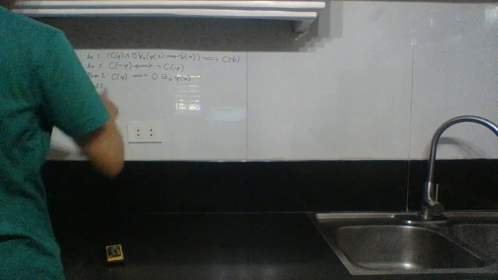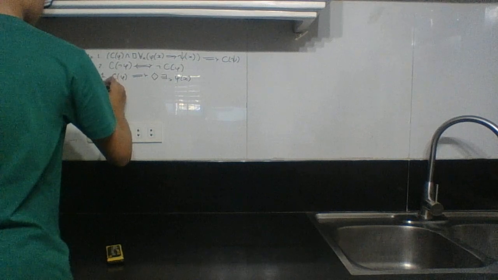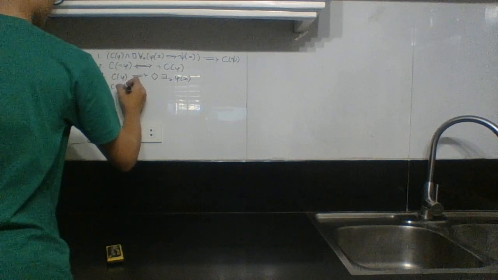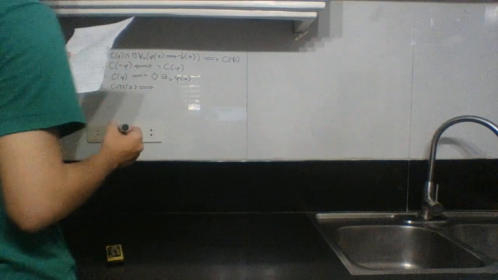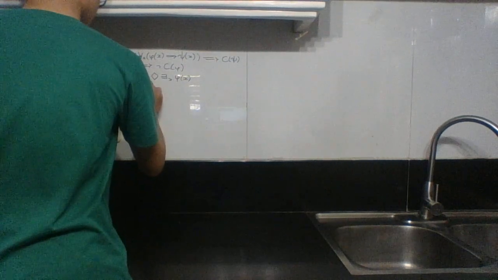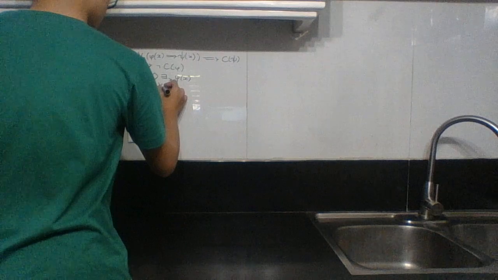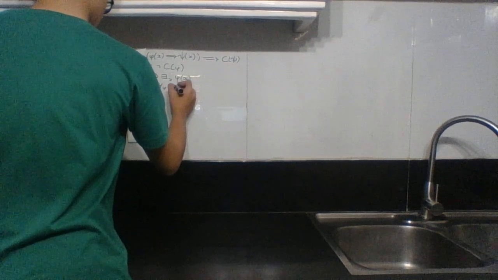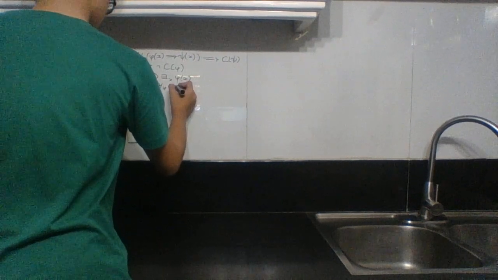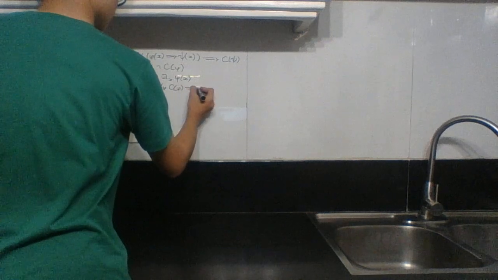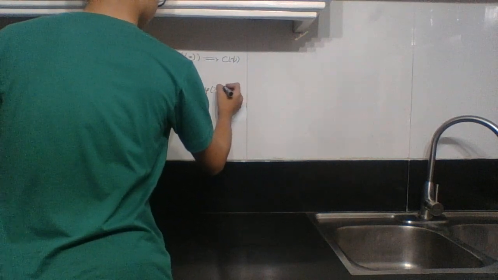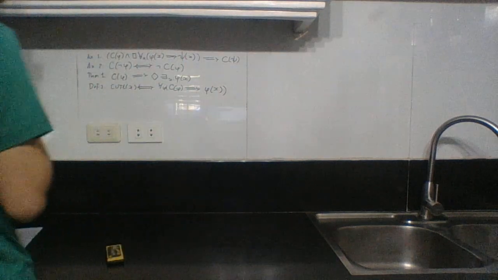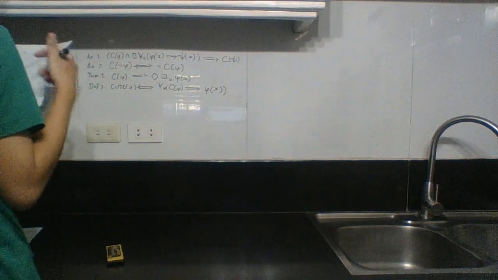Definition 1: we call an entity cute if and only if, for all phi that are cute, x contains that, or x satisfies that property.